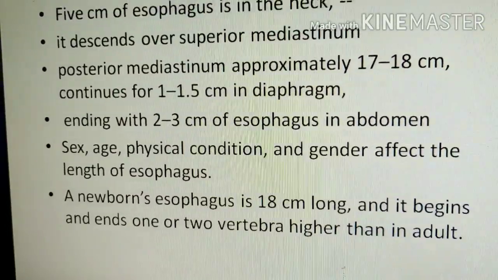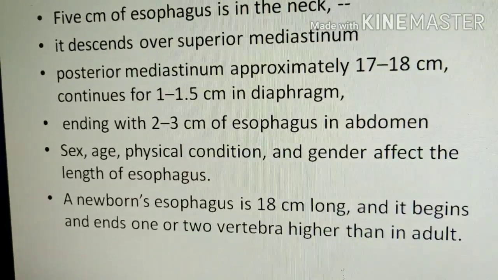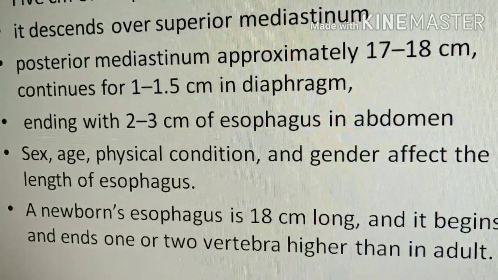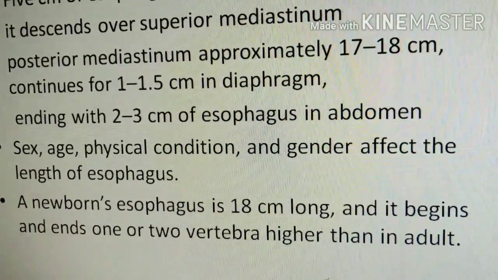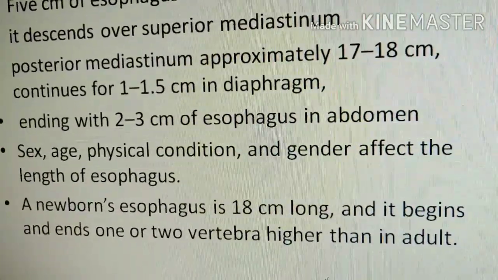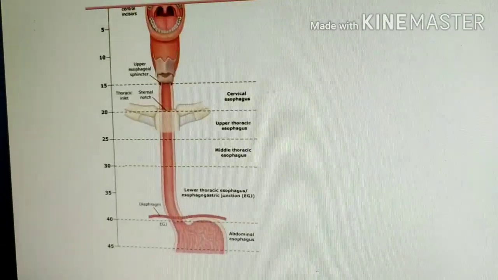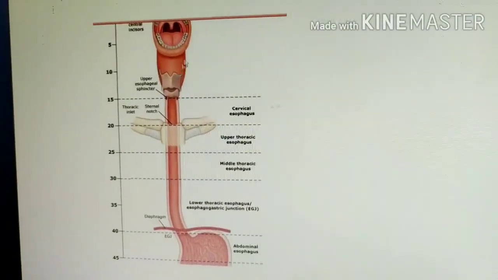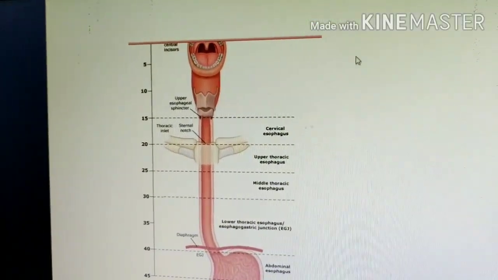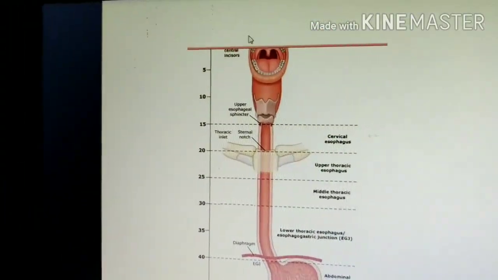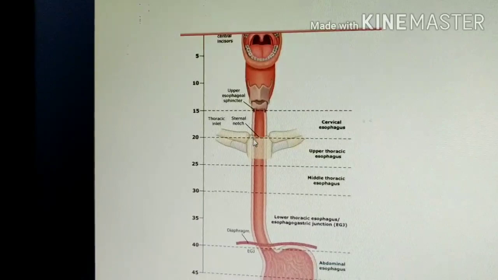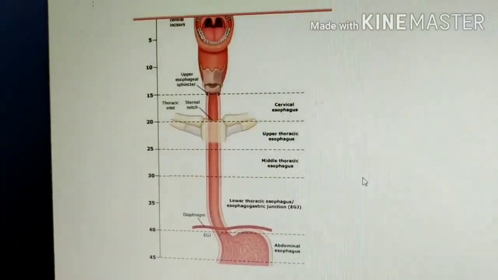Like a newborn's esophagus is 18 cm long, and it begins and ends 1 or 2 vertebrae higher than in the adult. So these are the measurements from the incisor teeth. Different measurements are taken.